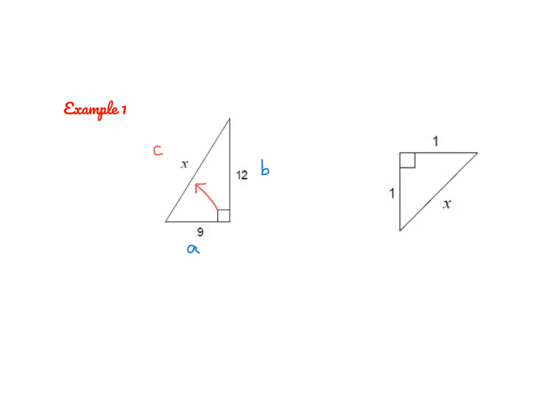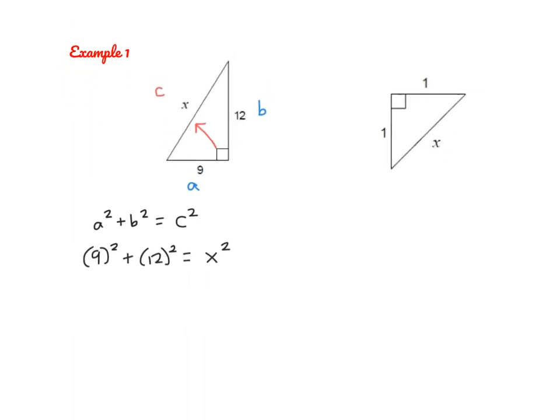So now we'll always write our formula, a squared plus b squared equals c squared, and then we can substitute our values. So I see that a is 9 and b is 12. So we do 9 squared plus 12 squared equals x squared. That's what we're solving for.